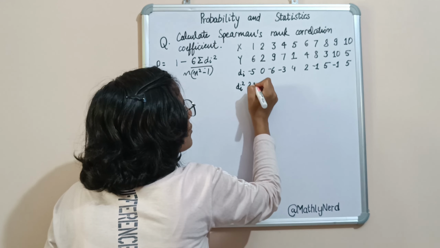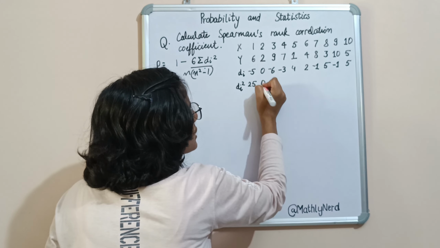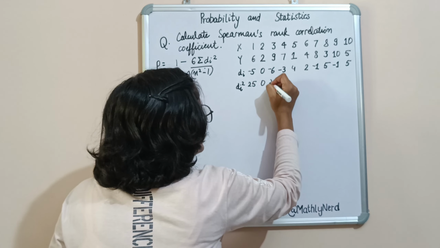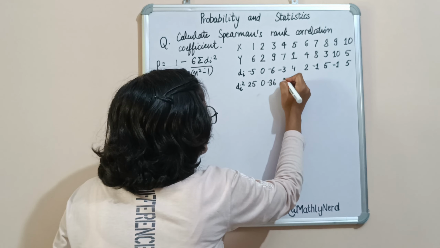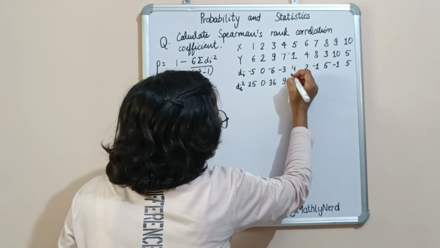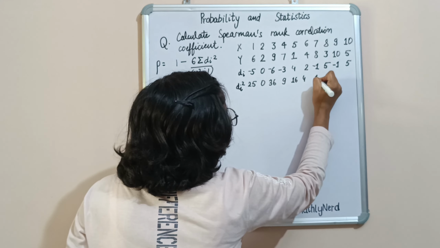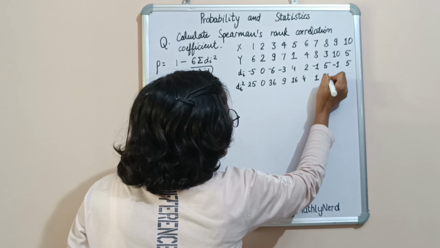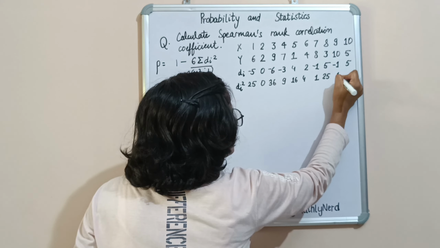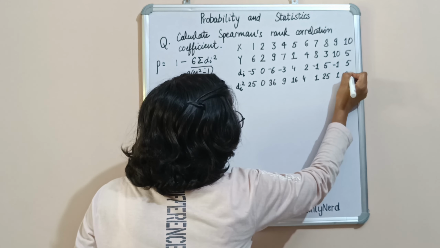Di square is 25, 0, 36, 9, 16, 4, 1, 25, 1 and 25.